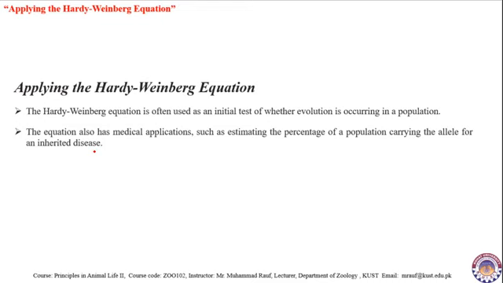So the Hardy-Weinberg equation helps us to find out the number of carriers of a particular genetic disorder. Remember, a carrier is an individual who has a defective copy for a certain condition, but because of the presence of a normal copy, the person does not show any symptoms, but can transfer this mutant or defective copy to the next generations.